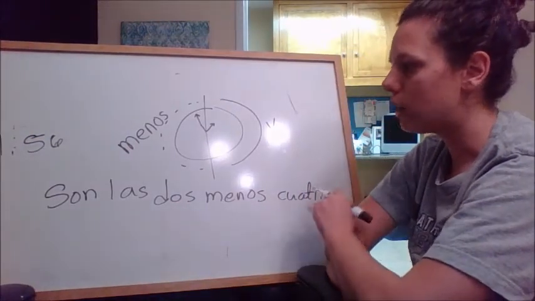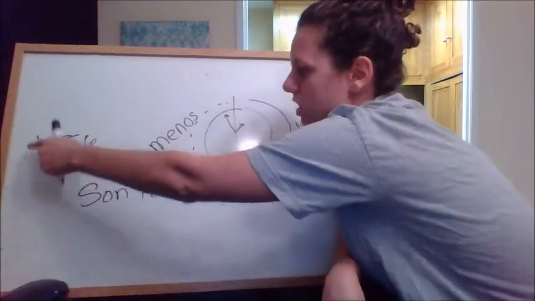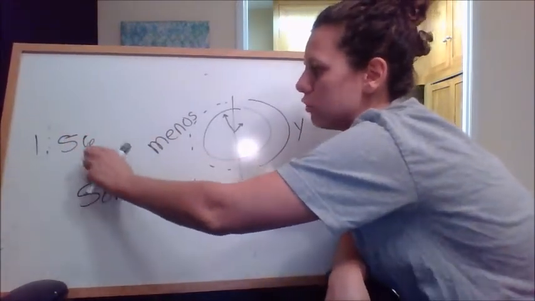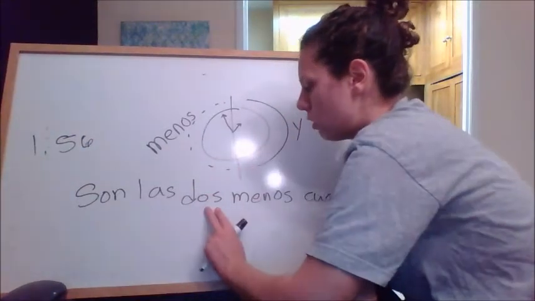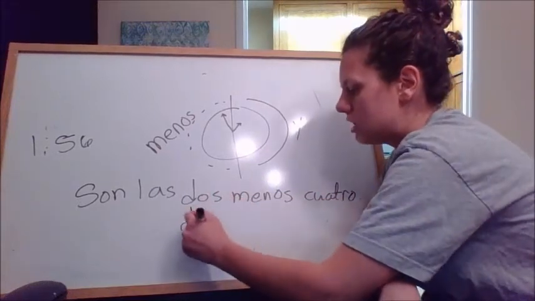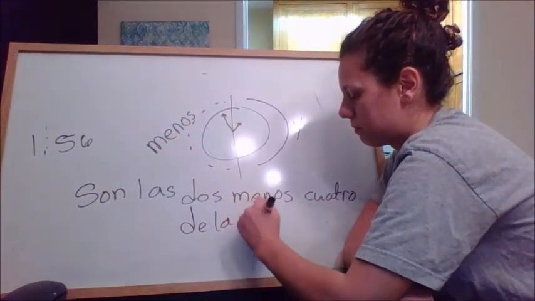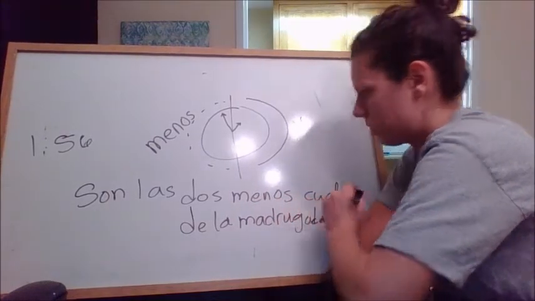Okay? So when you round up, you round this hour up, and then you count backwards. So there's 4 minutes until 2 o'clock. So we round up to 2, and then we say minus 4. Then we'd have to still say de la madrugada. Okay.